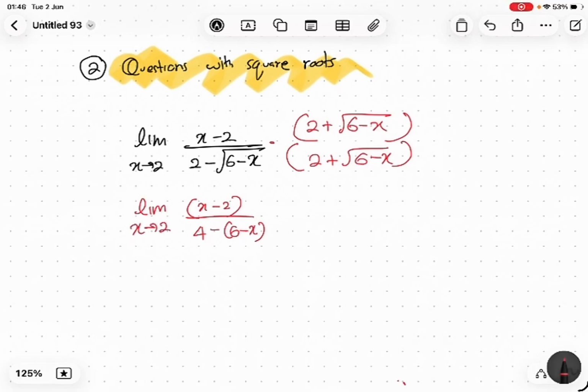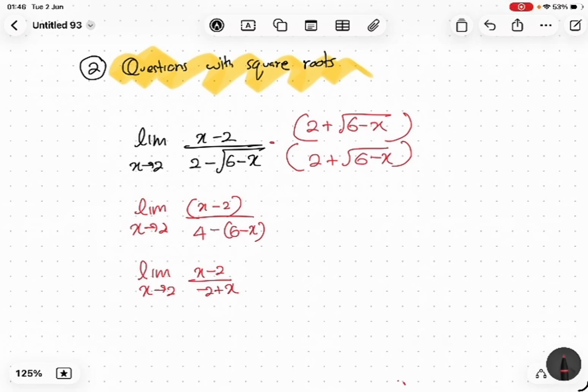Clear? So 2 squared means 4, and root 6 minus x times root 6 minus x is 6 minus x. Further we can write this as limits of x minus 2 over x minus 2, when x tends to 2.